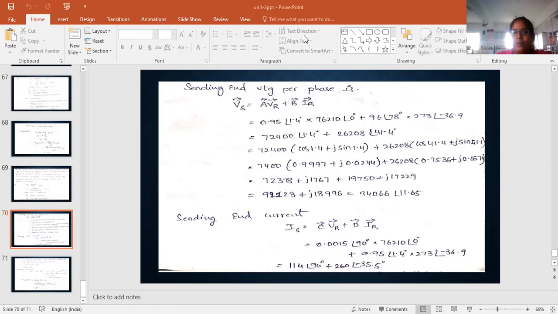For example, see here: R at an angle theta into Y at an angle theta.